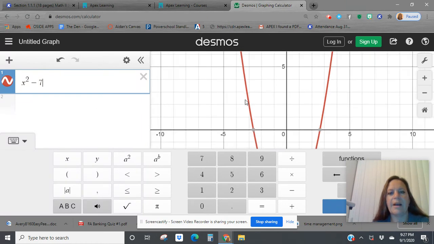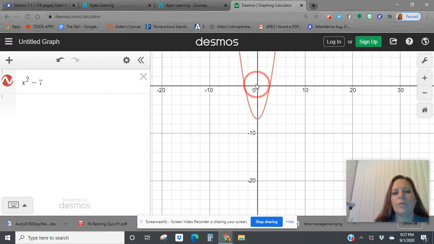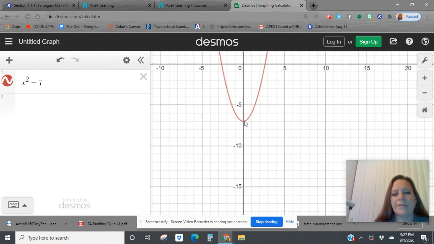So check out this graph. X squared minus 7 is going to be a parabola. This is a new function we'll be exposed to this year that begins at -7 and goes up from there.